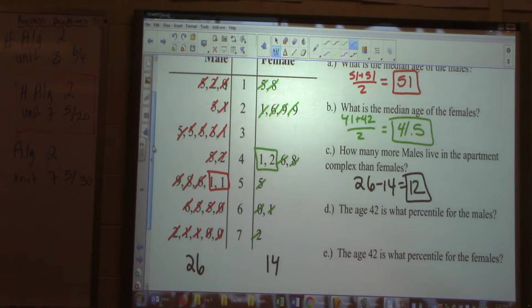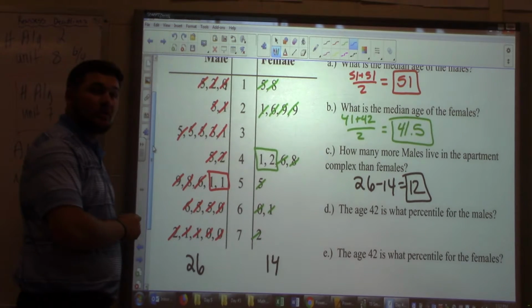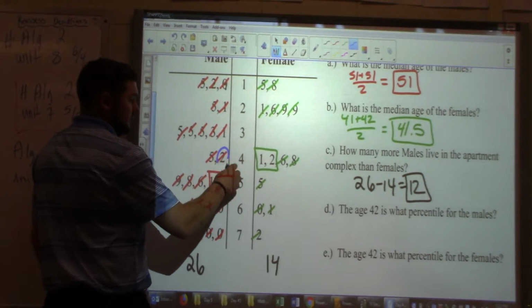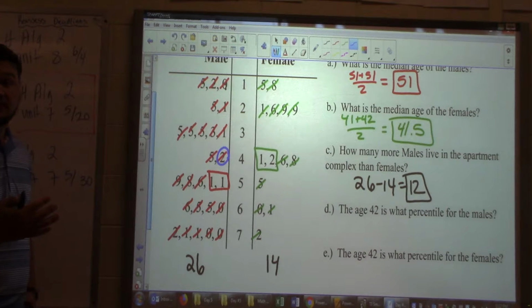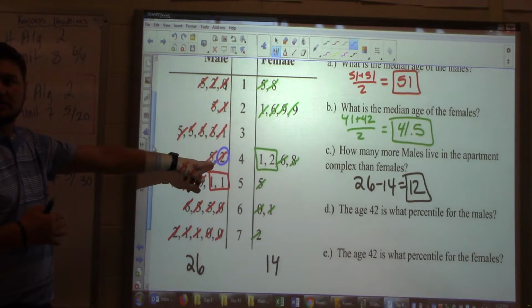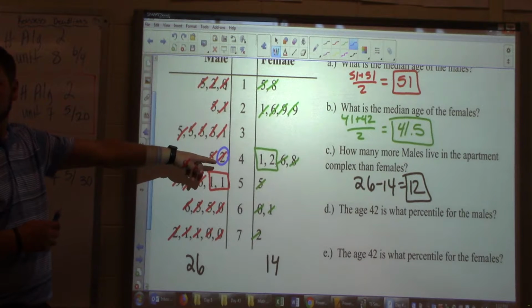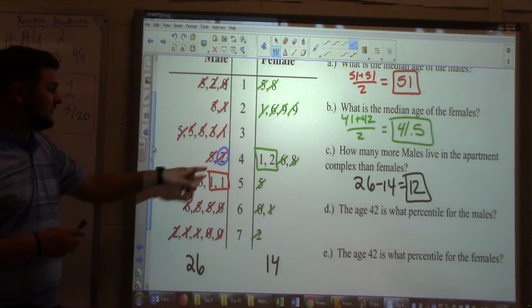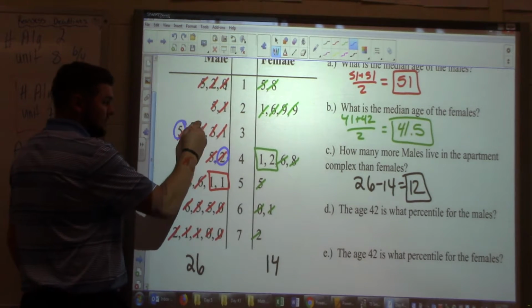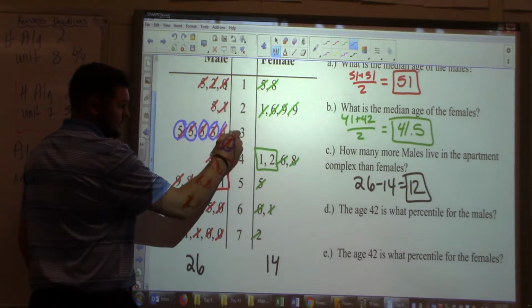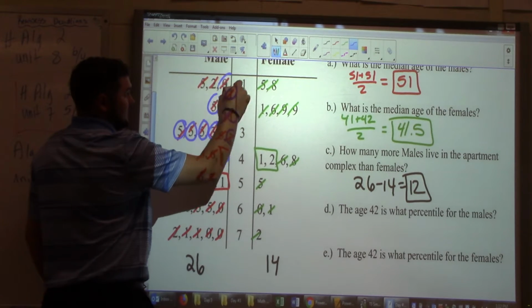You would find 42 and then count all the numbers that are at or below it. So we're going to count for males all the numbers at or below 42. Well, 42 is at 42. What about this 5 next to the 2? Do I count that? Why not? Because it's above. It's 45. So anything in the 30s I can count. Anything in the 20s. Anything in the 10s.